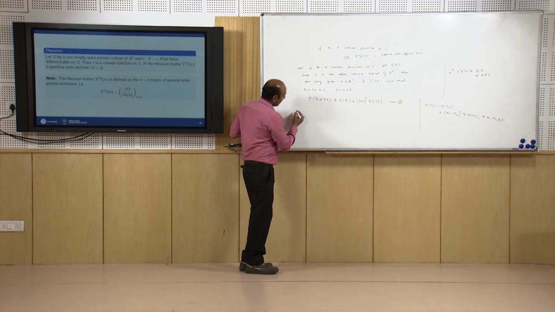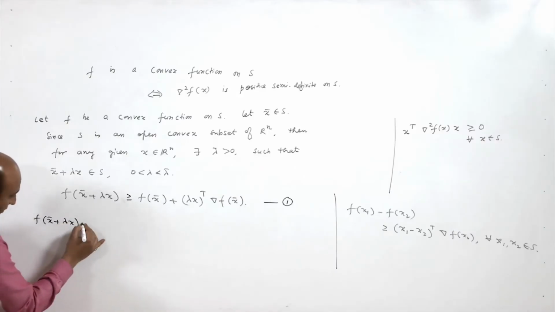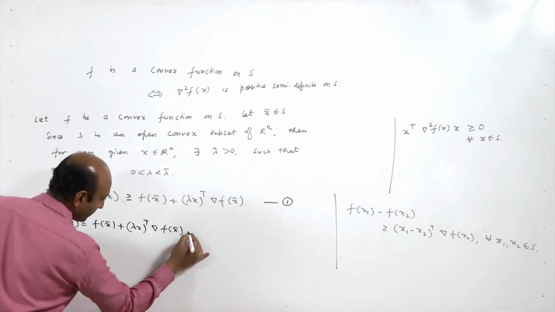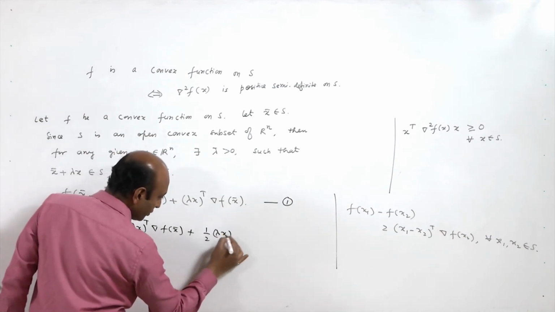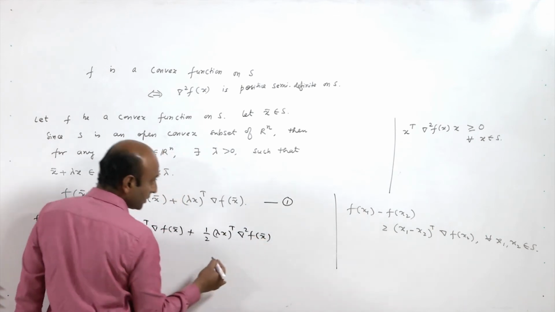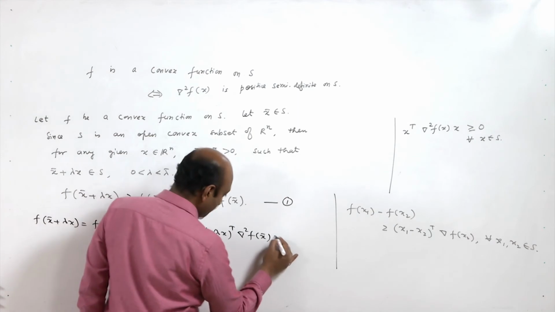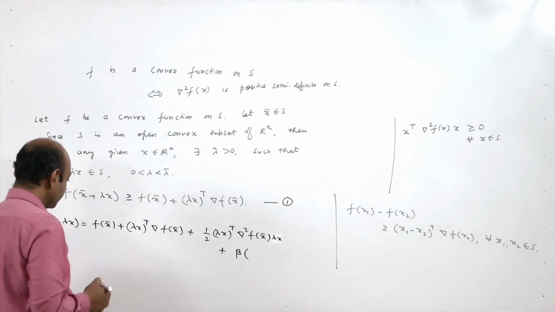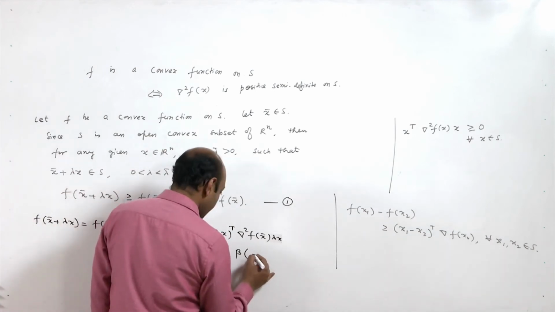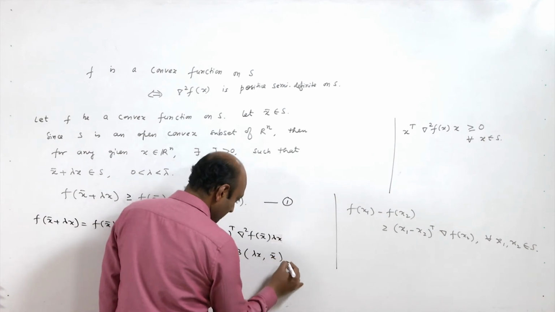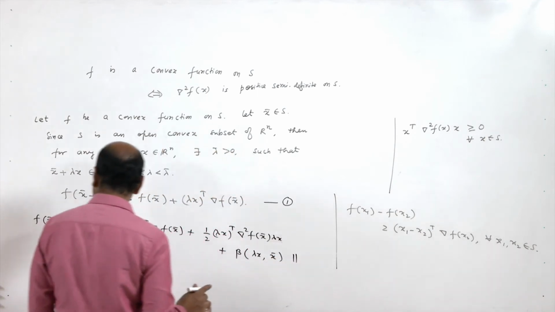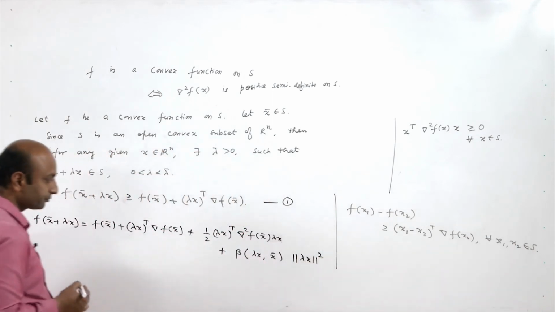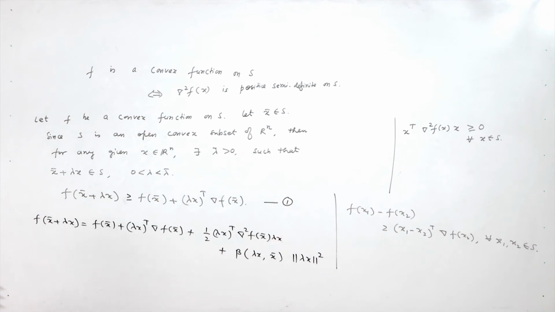So, by twice differentiability, we obtain f of x bar plus lambda x equals f of x bar plus lambda x transpose gradient of f x bar plus 1 by 2 lambda x transpose gradient square of f x bar into lambda x plus beta of x bar and lambda x times norm of lambda x whole square. This is by the definition of twice differentiability of f.